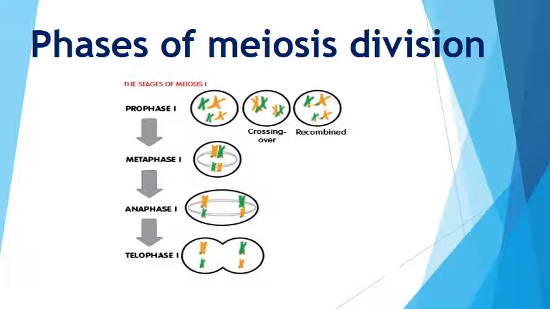So what happens in metaphase 1? Yes, the tetrad or the homologous pair of chromosomes are arranged at the cell equator. Okay. The third phase is called anaphase. What happens in anaphase? The spindle fiber starts to shrink.